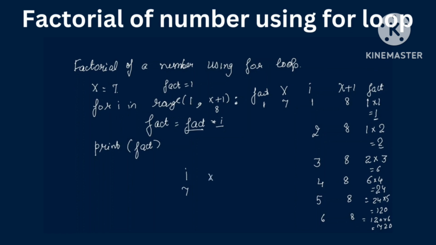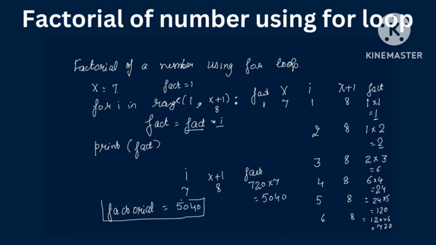Next i will be 7, 720 multiply 7, that means 5040. So finally you got the factorial of 7 as 5040. Here you will not take next number 8 because in range function stop value is not included. So I hope this program is clear using for loop.